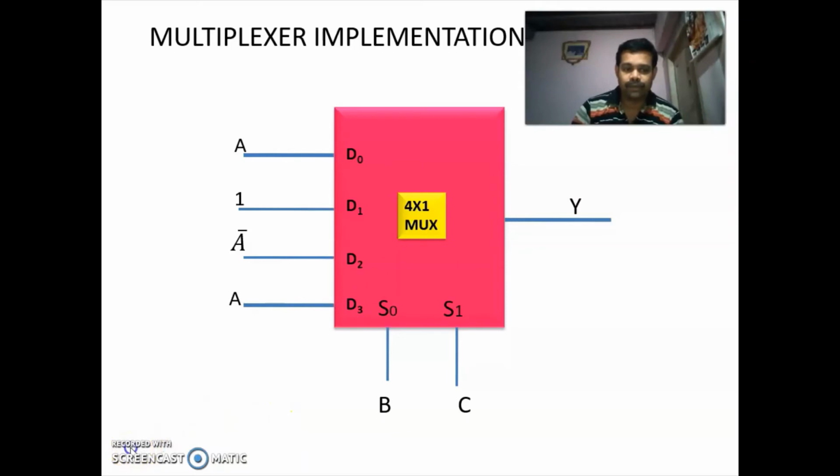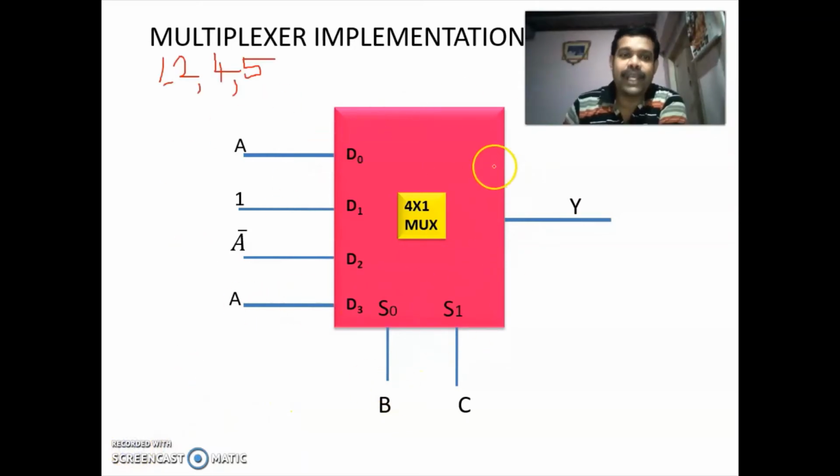Now this circuit has to give an output of 1 for minterms 1, 2, 4 and 5, and an output of 0 for 0, 3, 6 and 7.